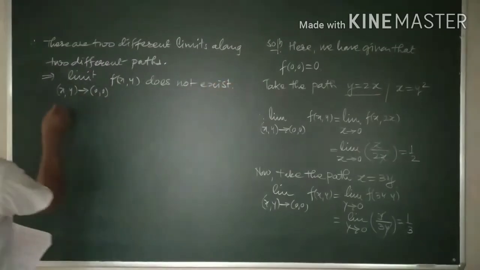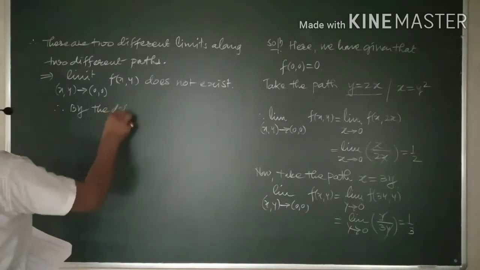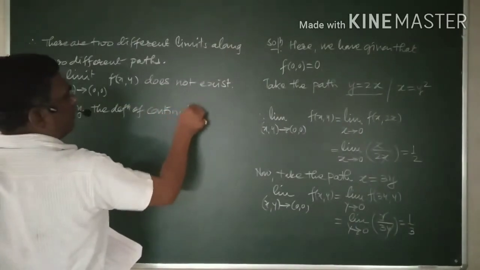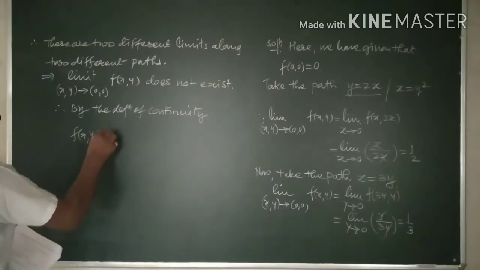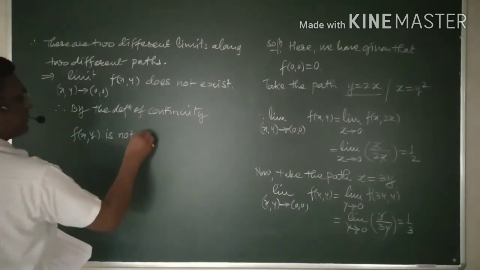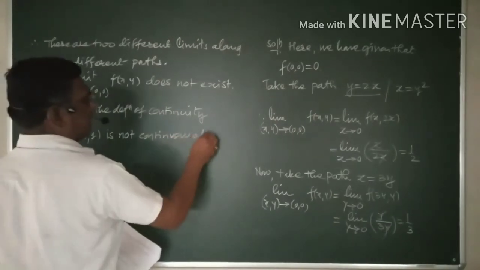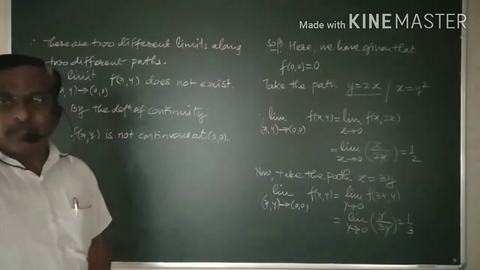Therefore, by the definition of continuity, f of xy is not continuous at 0, 0. This is what we have.